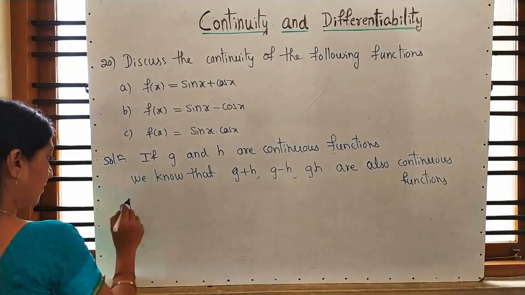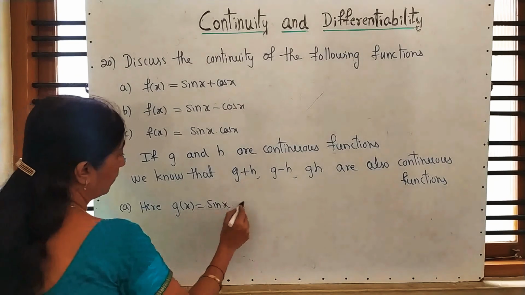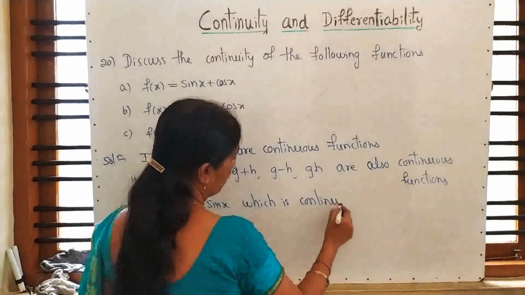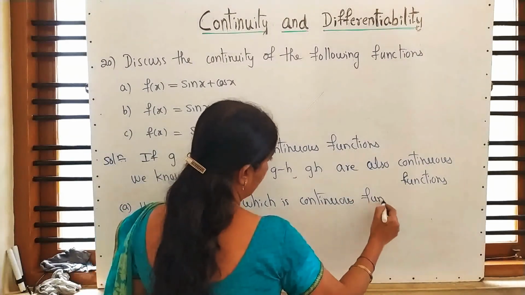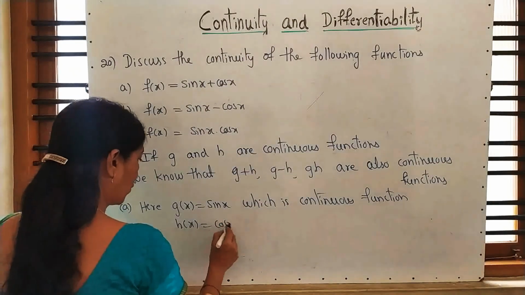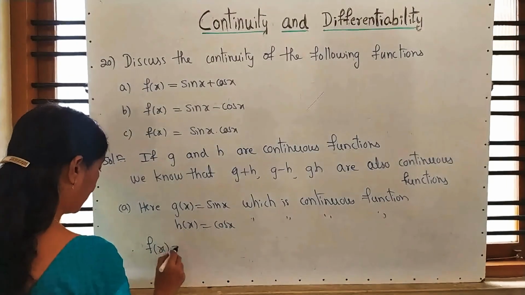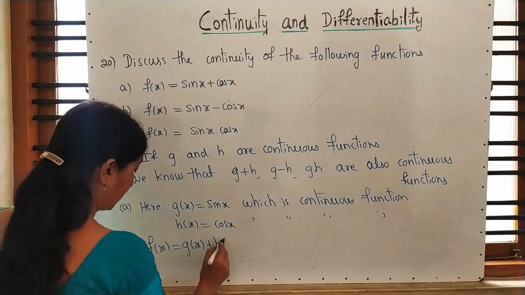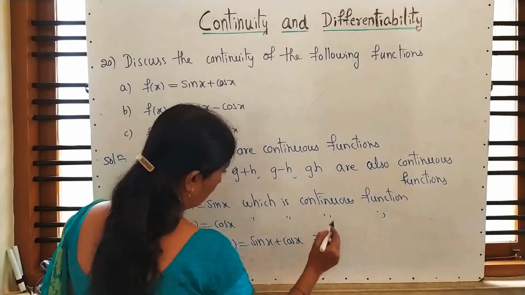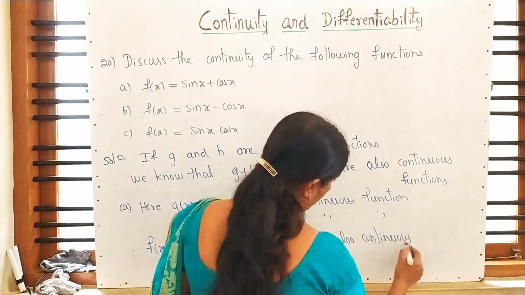Let us start with the first. Here g of x is equal to sin x, which is a continuous function, and h of x is equal to cos x, which is a continuous function. Therefore f of x is equal to g of x plus h of x, that is sin x plus cos x, is also a continuous function.